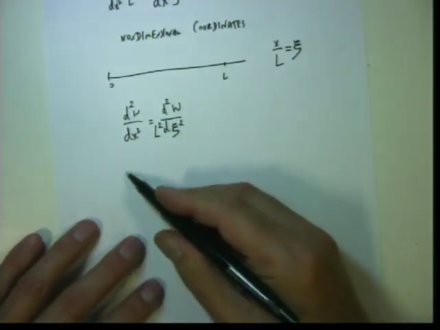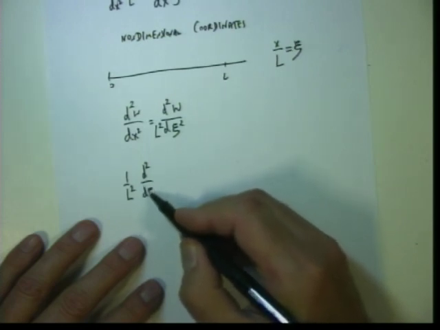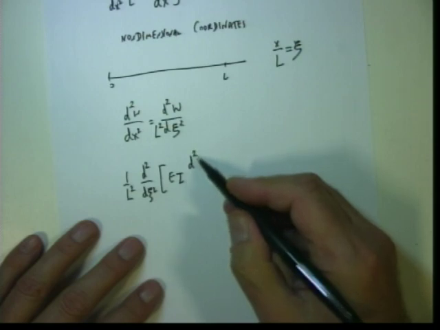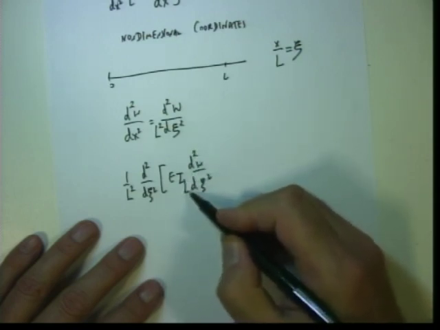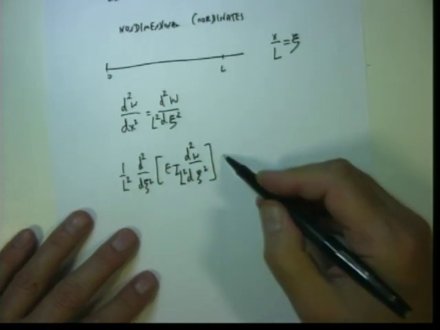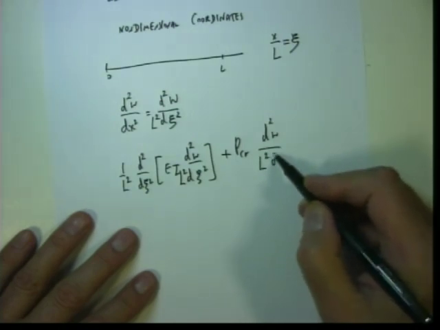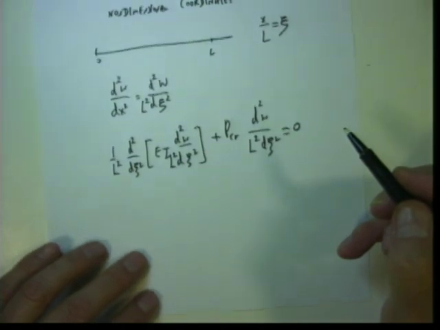So there will be 1 over L squared d2/d xi squared of EI d2w/d xi squared, and here is L squared, plus P critical d2w over L squared d xi squared equals 0.